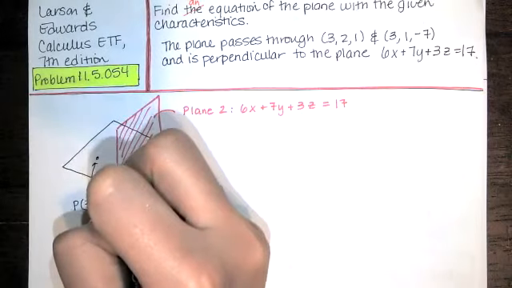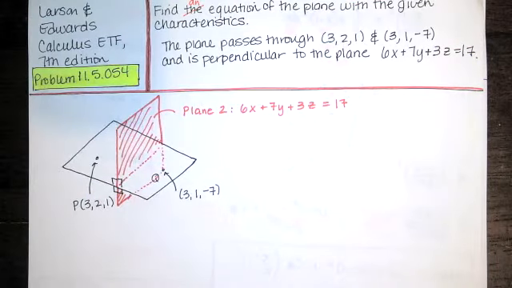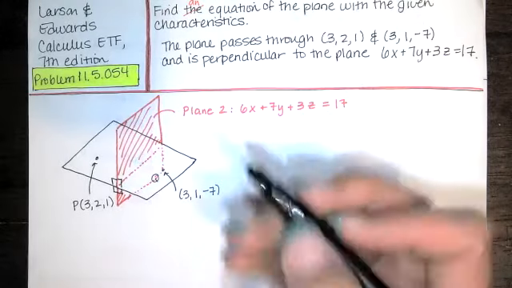And this is a right angle, and this is a right angle, and that's a right angle. Question becomes, okay, well, how do I find the equation of this plane? Well, remember what we know about planes.